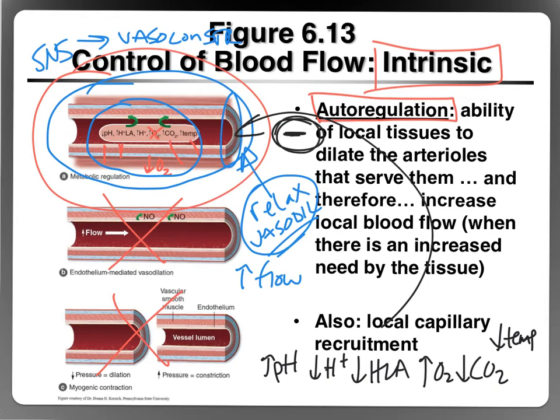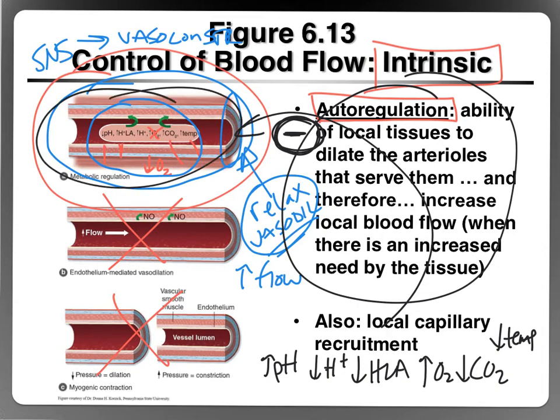There's your negative feedback response. And this was an intrinsic event. This had nothing to do with the central nervous system. It all occurred right there in the local tissue, the tissue that was being fed blood by this arteriole. We call that intrinsic regulation.